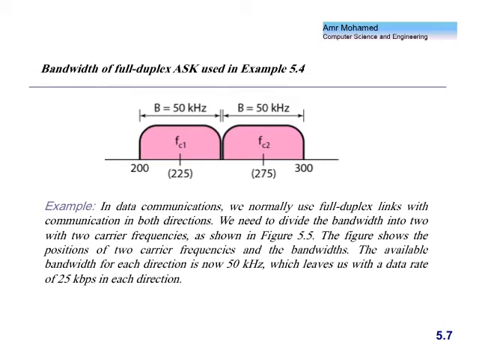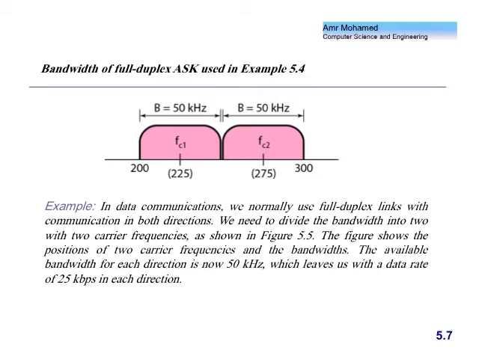This means that I have transmission from the sender to the receiver and from the receiver to the sender at the same time, right? So it's a two-way communication, and they happen simultaneously. So in that case, I have to separate one direction from the other.